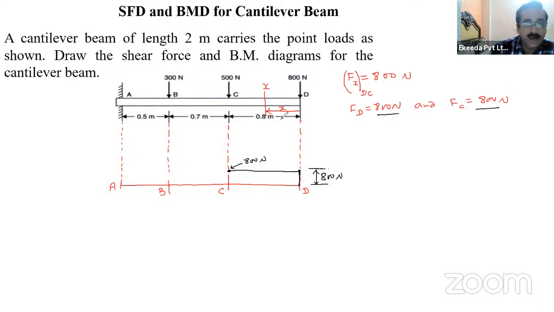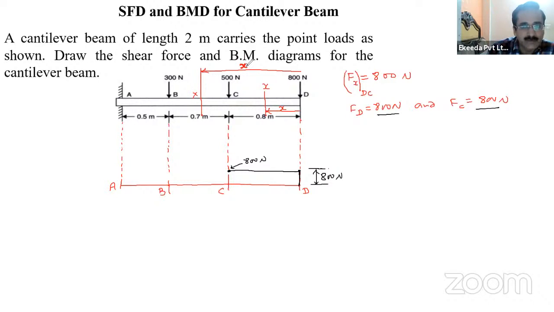Now I have to find out the shear force between C to B also and B to A also. So I will take a section between C to B, any point X between B to C. I am taking the distance from the free end, and again I am calling it X. Let us forget about the previous X; this is a new X, you can say X1.